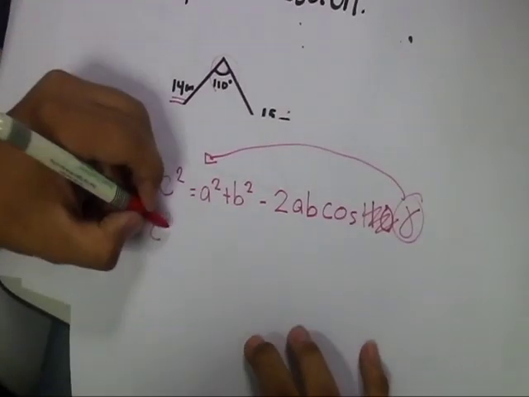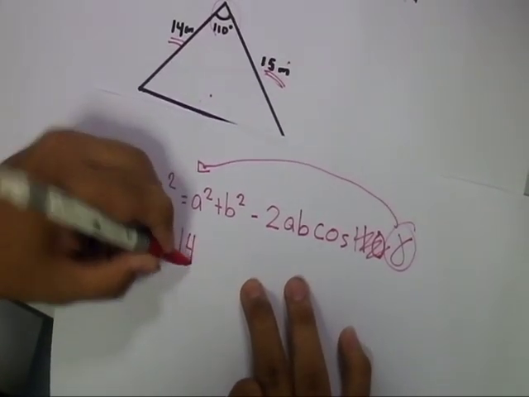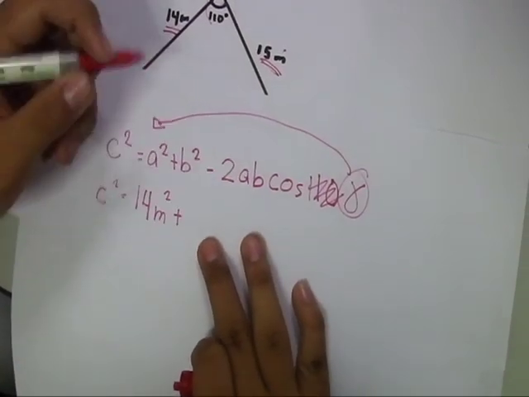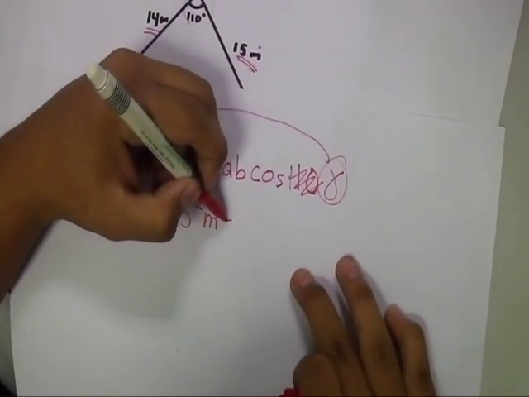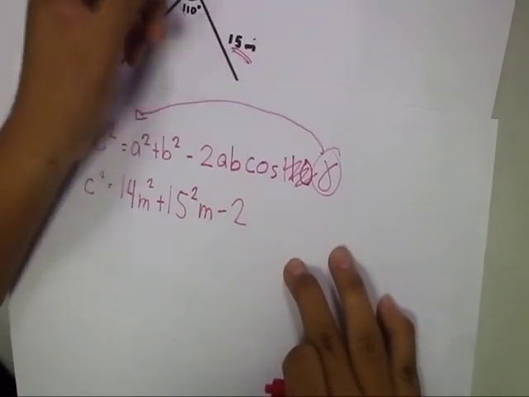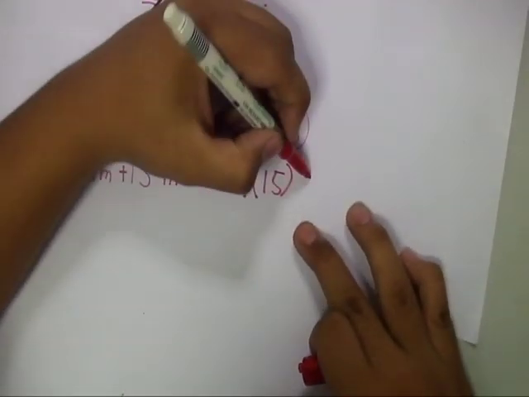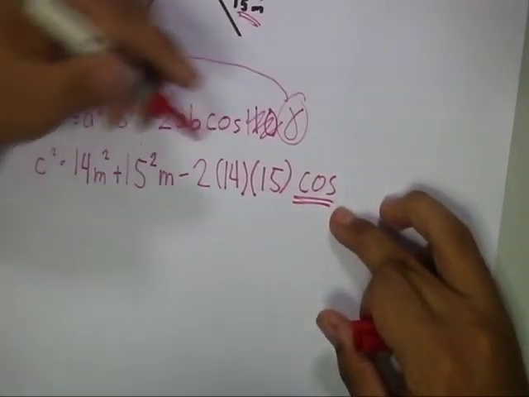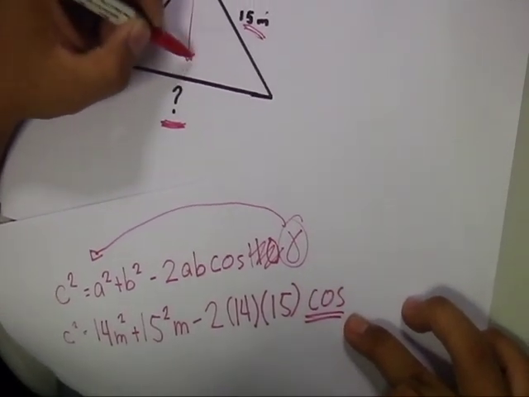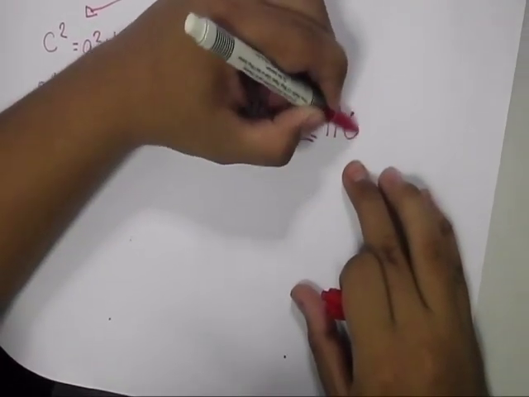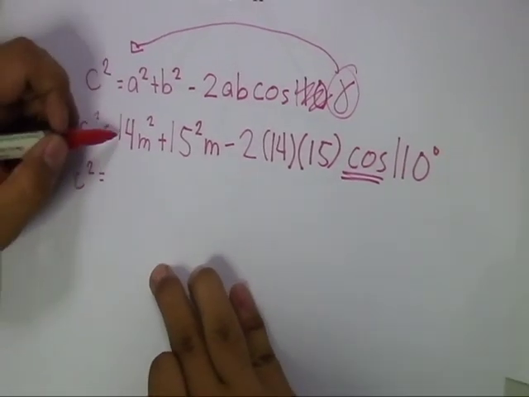So we substitute in the problem. 14 meters is our side A, so 14 meters squared, plus 15 is our side B, so 15 meters squared, minus twice the product of the given sides, 14 times 15, multiplied by the cos of the angle complementary to the missing side, and it's 110 degrees. So just answer it with your calculator.